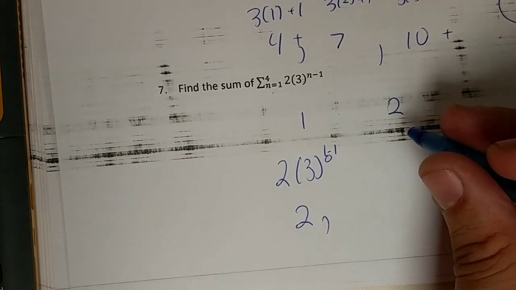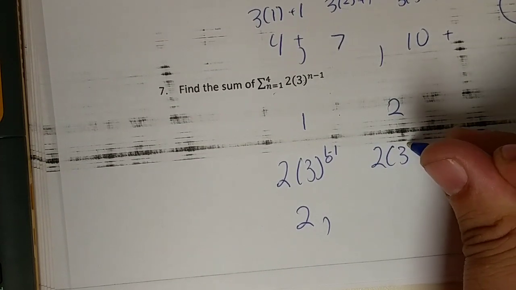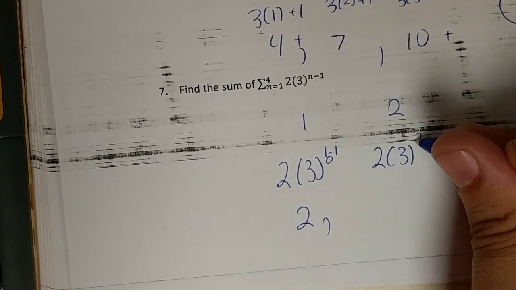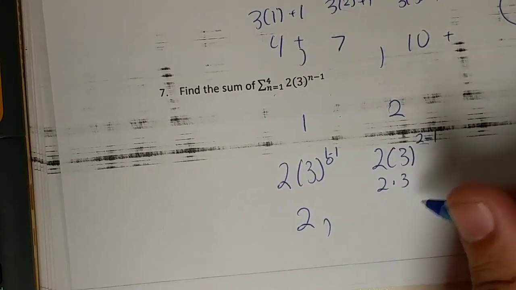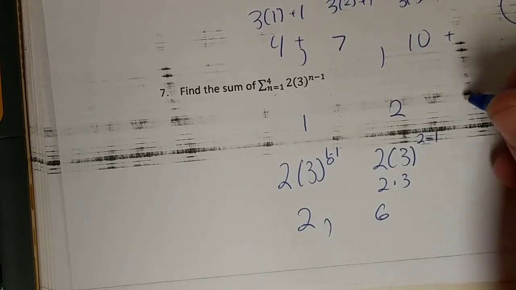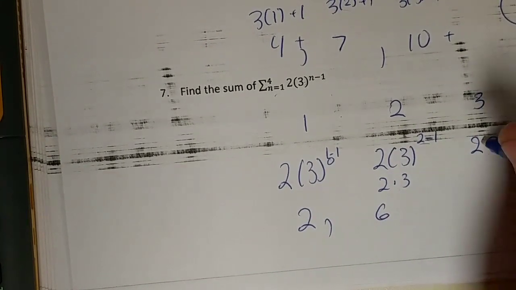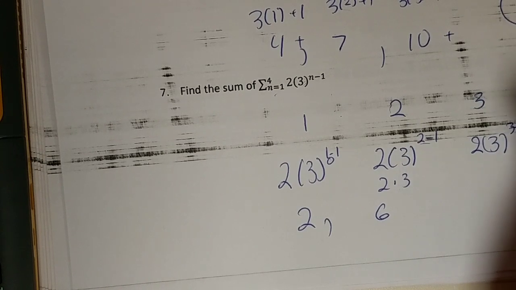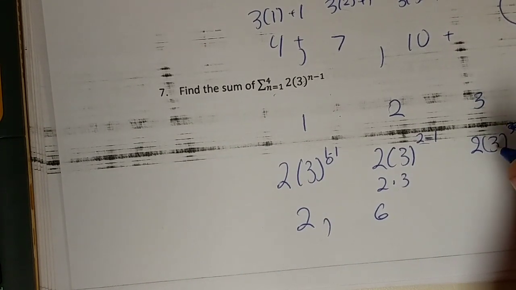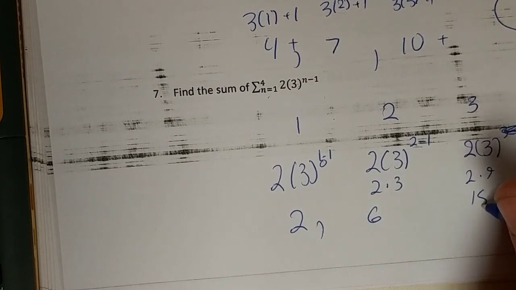Plug in 2: 2 times 3 to the 2 minus 1, which is the 1 power, so 2 times 3 is 6. Let's plug in 3: 2 times 3 to the 3 minus 1. 3 minus 1 is 2, so 3 to the second power is 9, and 2 times 9 is 18.